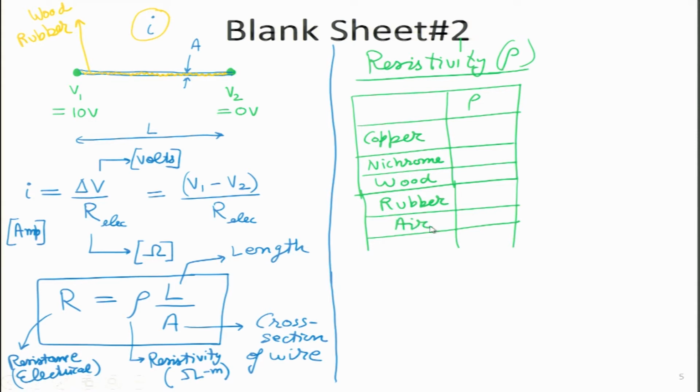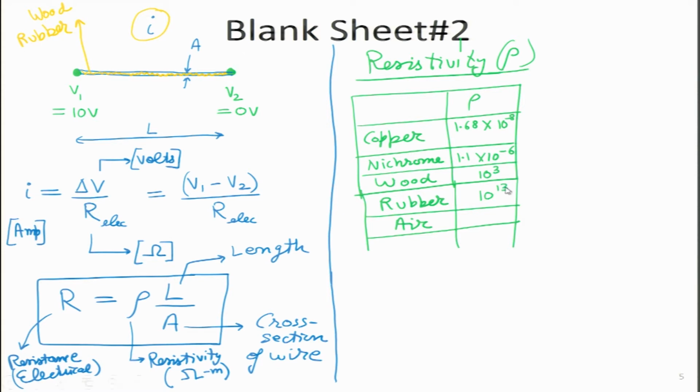So, if you look at copper, I think it has one of the lowest values of resistivity. So, this is 10 to the power minus 8. Then we have nichrome, slightly higher. Then of course, wood is going to be very, very large. So, you just see the magnitude amount has changed drastically.